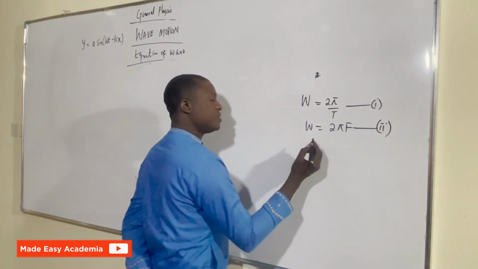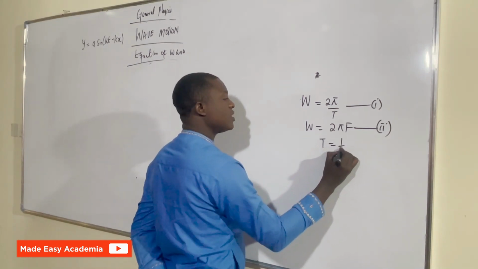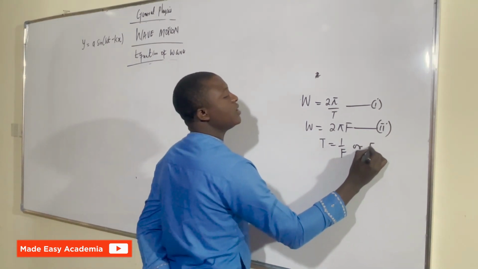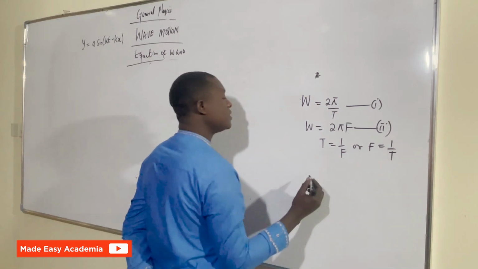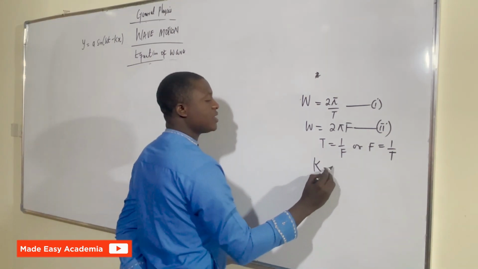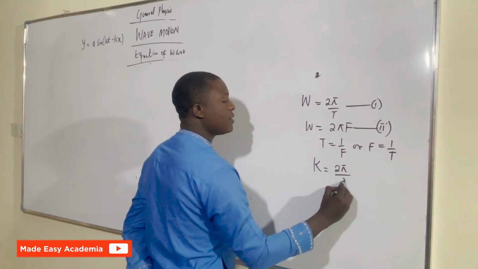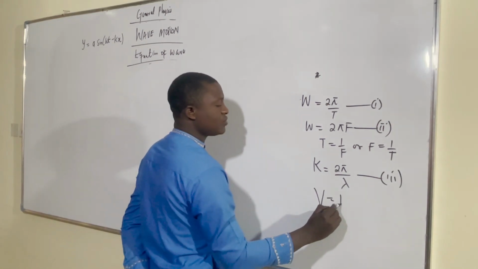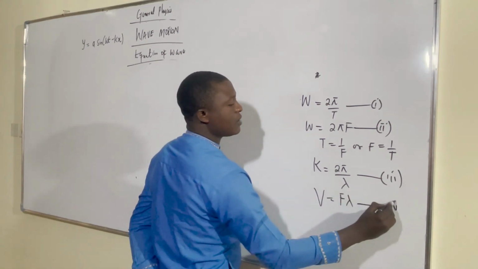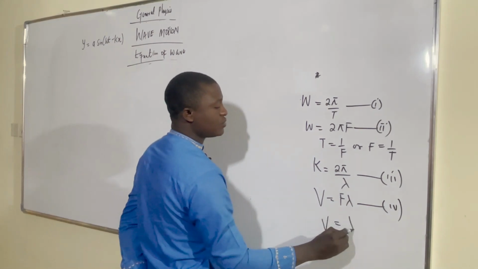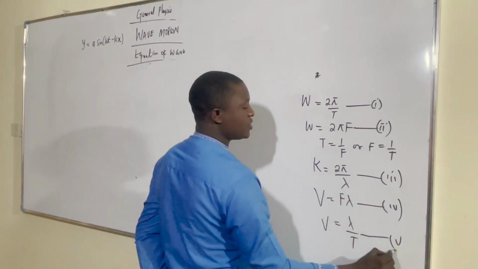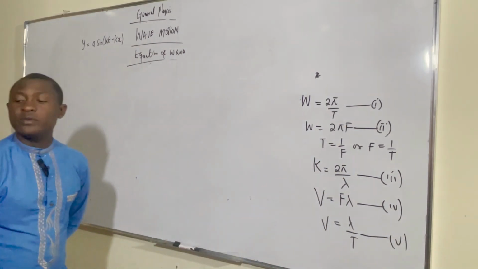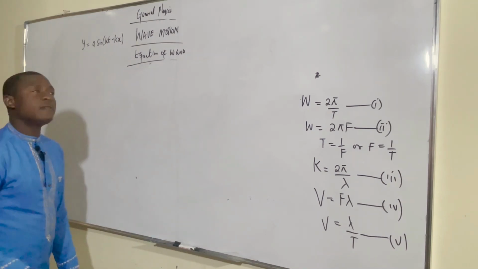We derived another one. We said just know this one too, either T is 1 over f or f is equal to 1 over T. And we have another one, we said k is equal to 2 pi over lambda. And we say v is equal to f lambda, or v can be equal to lambda over T. So these are the ones that we derived. So let's see how we are going to apply these formulas.